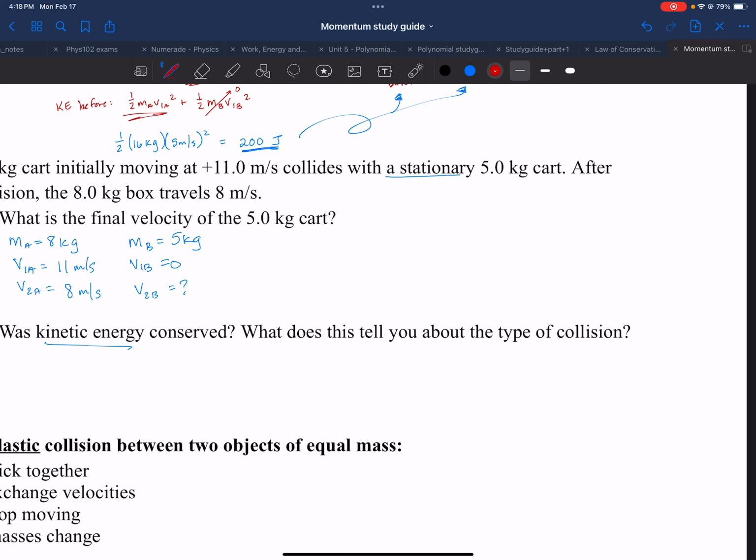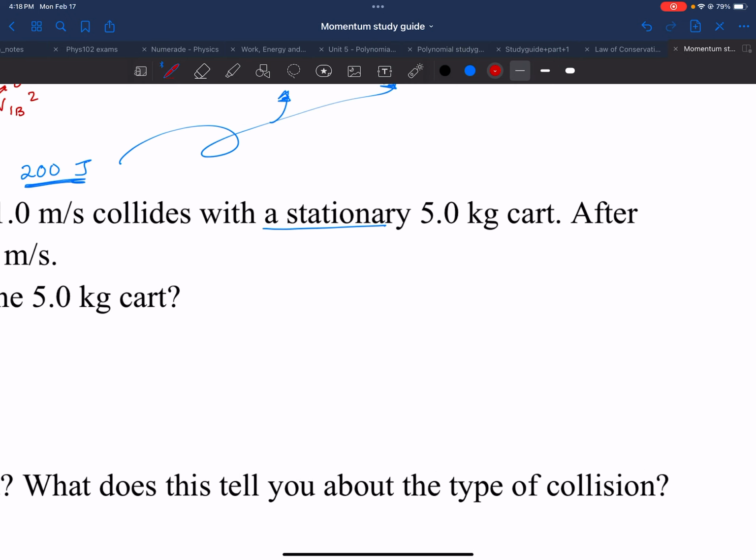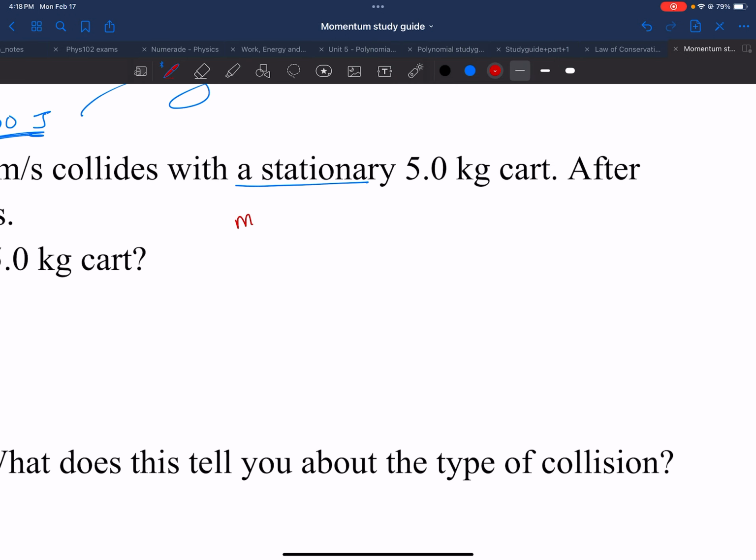All right, so let's go ahead and look at our equation. So we have mass of A, V1 of A, plus mass of B, V1 of B, is equal to mass of A, V2A, plus mass of B, V2B. It does not say they collide and stick together. It doesn't say that they're together and they break apart. So I'm just going to go ahead and use the law of conservation of momentum.